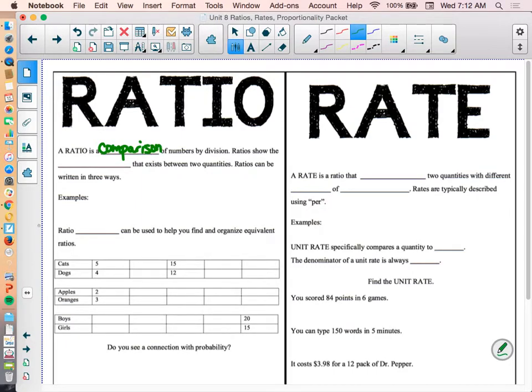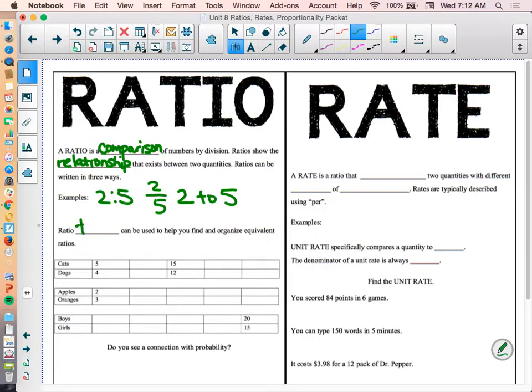Ratios show the relationship that exists between two quantities. Ratios can be written in three ways. It could be written with a colon, 2 to 5. It could be written as a fraction, and this is what you'll most commonly see ratios as. Or it could be written with words, 2 to 5.